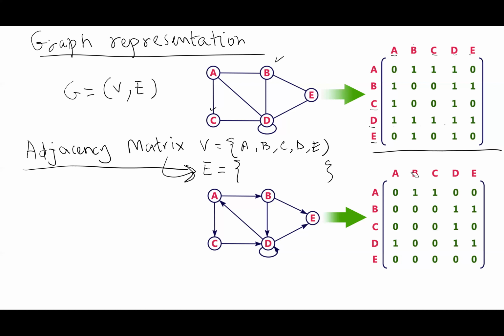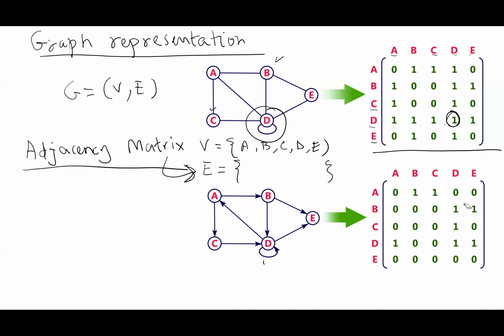And another important thing you can see here is that D has an edge to itself. So you see that, right? D has an edge to itself. Similarly, in the directed graph, D has an edge to itself. As I said, there is no constraint on edges in a graph, so it can have a self loop or self edge.